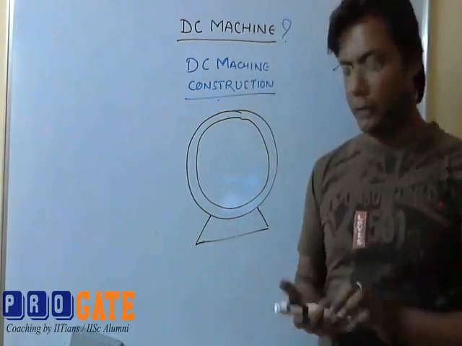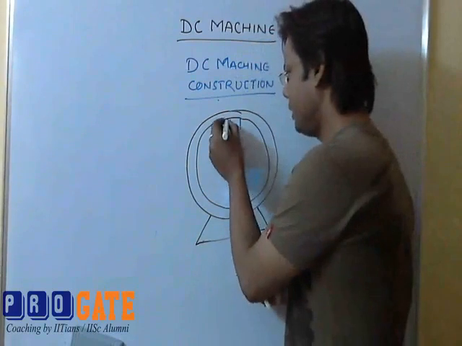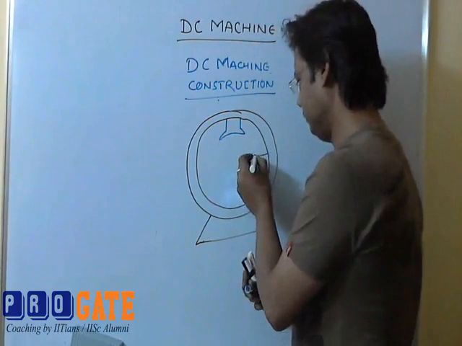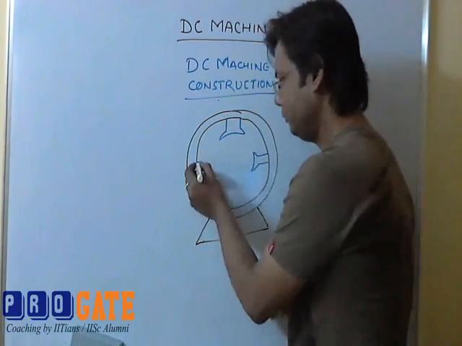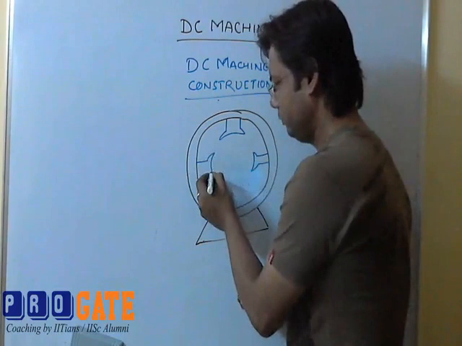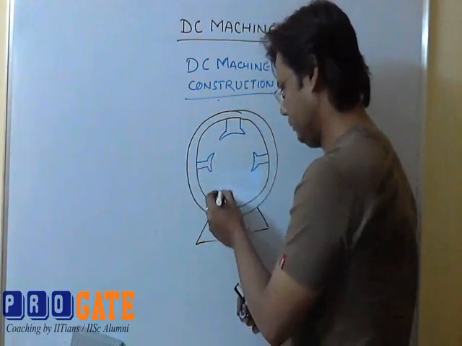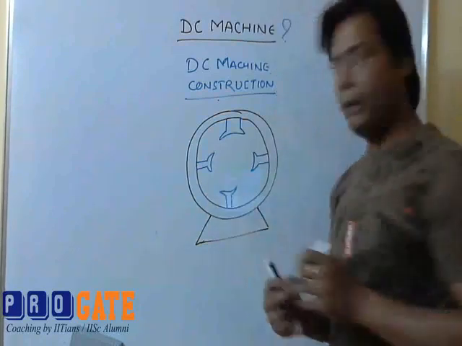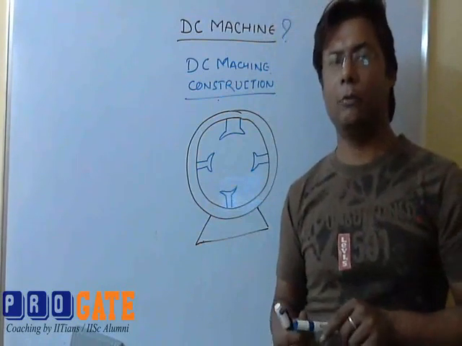After that, there are some poles. Right now, I'm talking about a 4-pole machine or 2-pole pair machine.